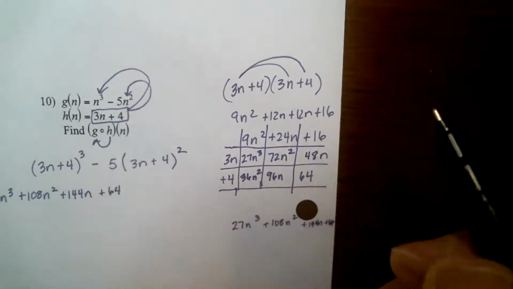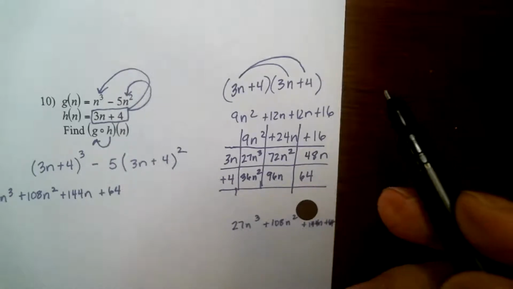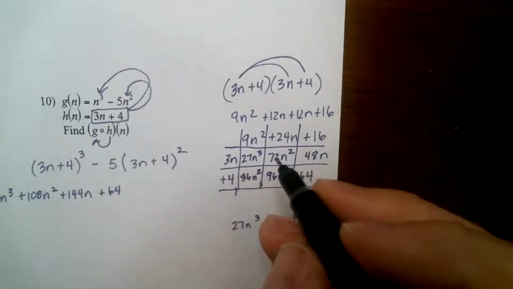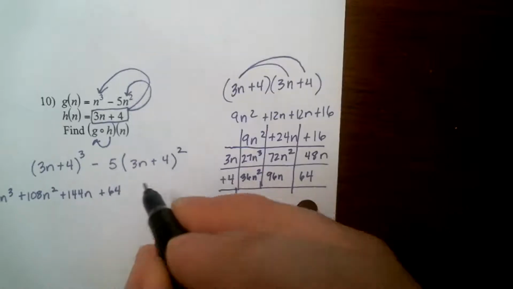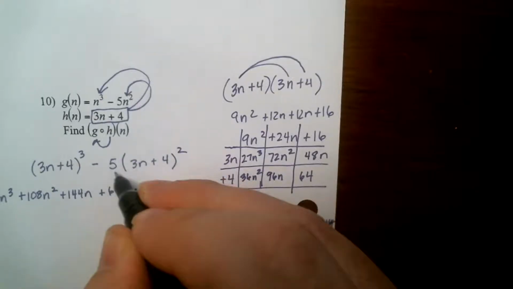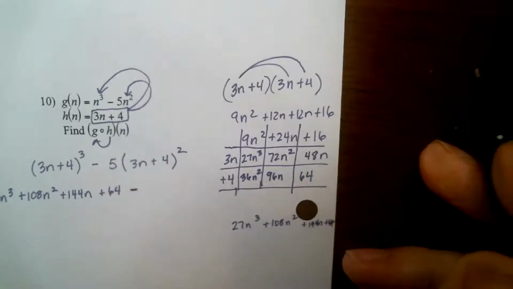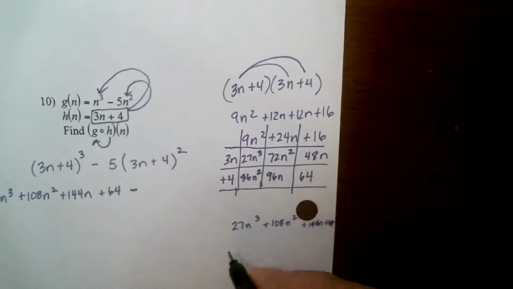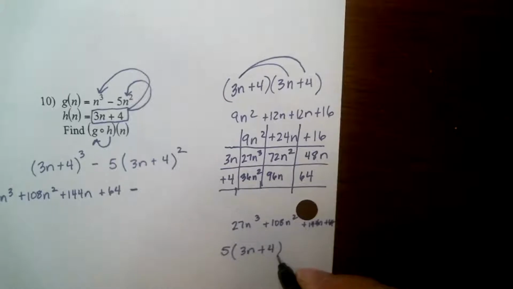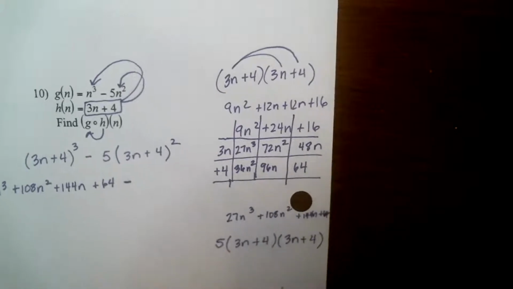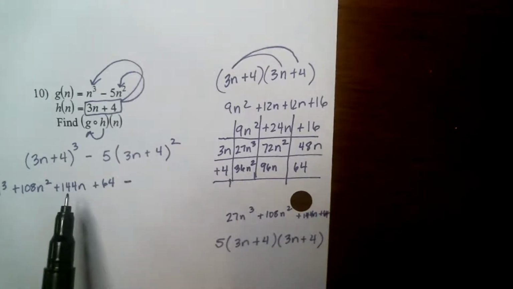Good morning, Christina. And all of that is saying minus whatever we get here. So this looks like this: 5 times 3n plus 4 times 3n plus 4. Those of you that already worked this, of course I haven't worked this.